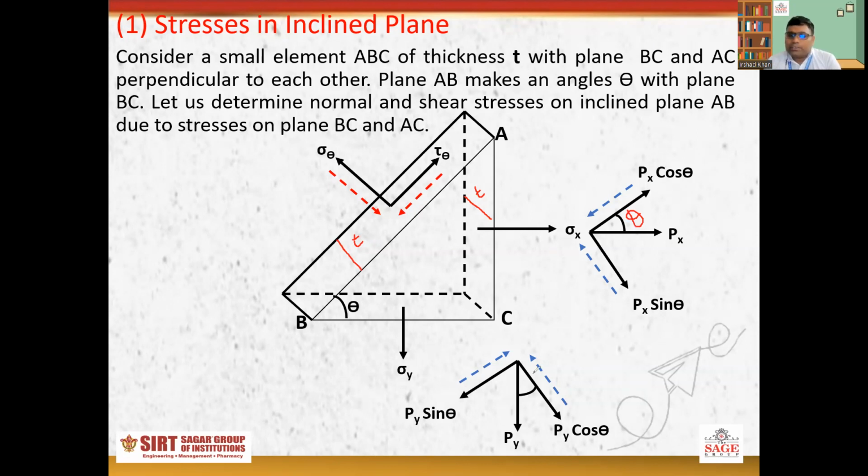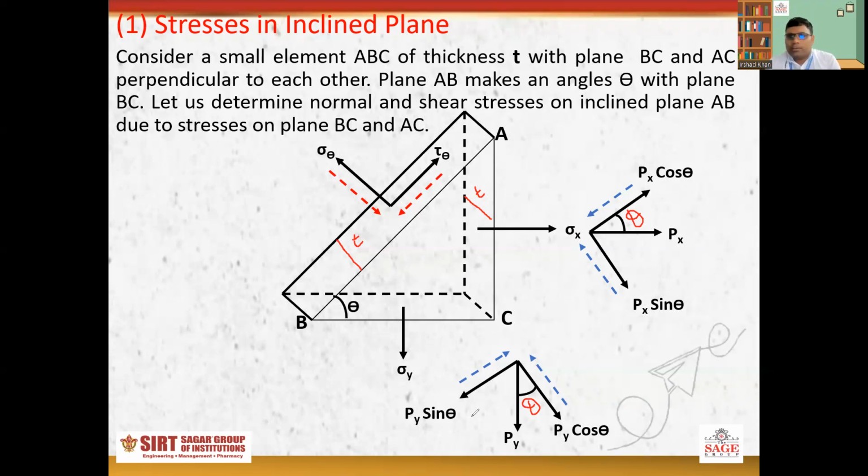Similarly, we can resolve the force Py. This is also theta, and Py makes the angle theta with this perpendicular component of BC. So you can see this becomes Py cos theta, and this becomes Py sin theta.